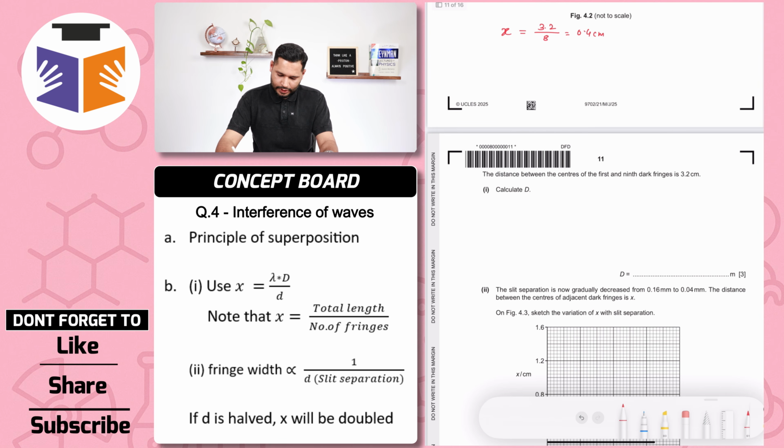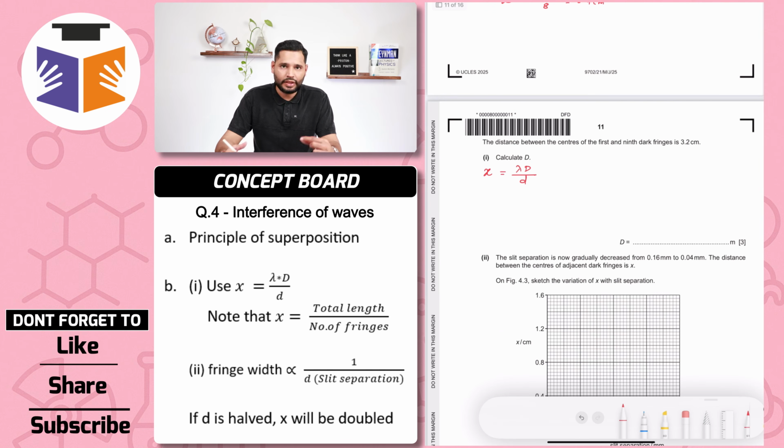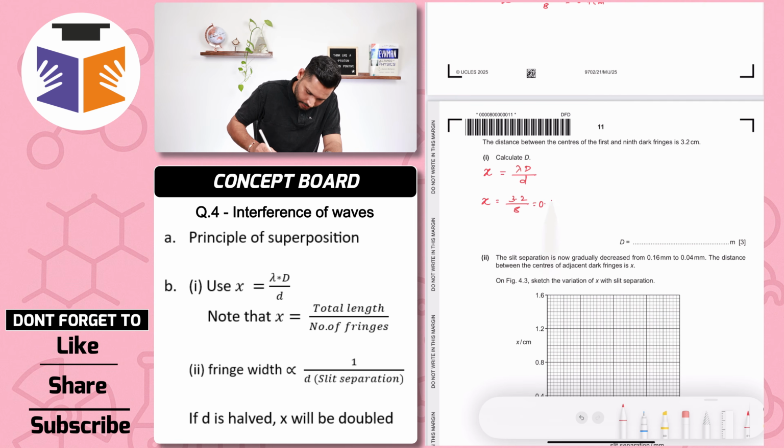The question is, the distance between the centers of the first and 9th dark fringe is 3.2 centimeter. Calculate D. So we know the formula for fringe width. It is x is equal to lambda D upon small d, where capital D is the distance between the slits and the screen, and small d is the distance between the two slits. So x, as we already calculated, we will also show it here in the calculation. It is 3.2 divided by 8, 0.4 centimeter.